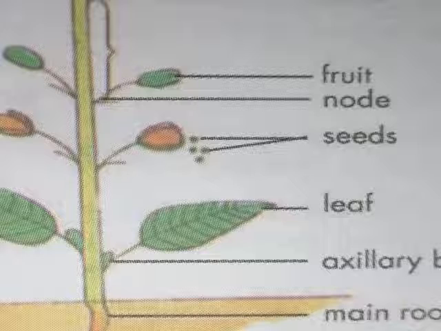In this diagram of a plant, you can see that the plant is shared into 2 major parts. We have one part that is called shoots, and the second part is roots. In this shoot part of the plant, we have fruits, seeds, leaves, and stems.